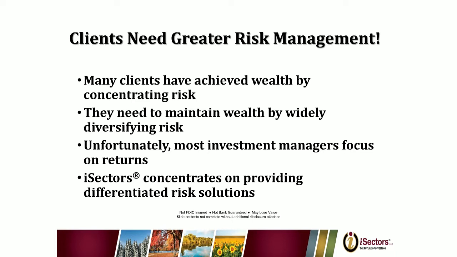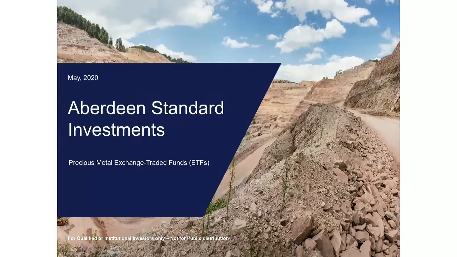This is even more important at this time since interest rates are at historical lows with not much more room to decline. If we enter into a secular rising interest rate environment, that could hurt bond returns. Clients with liquid alternative exposures not correlated to equities and bonds will be protected. I will now hand the presentation over to Steve and Stan.